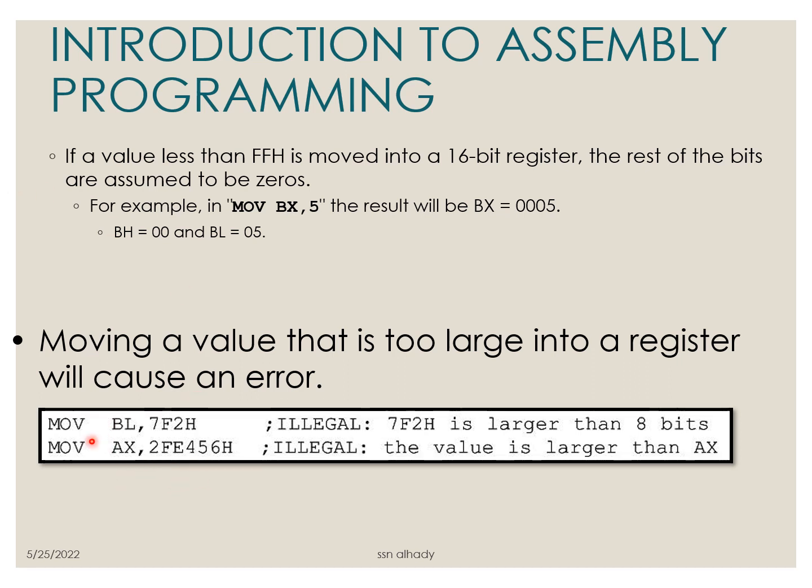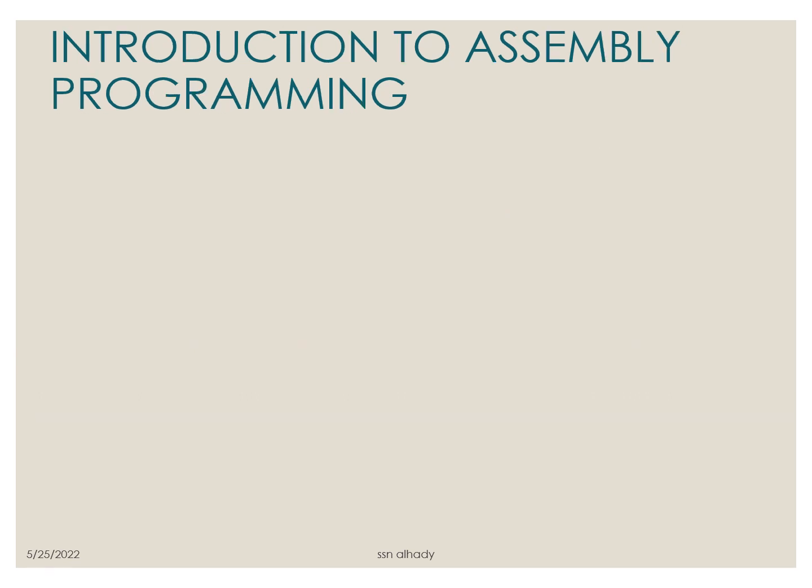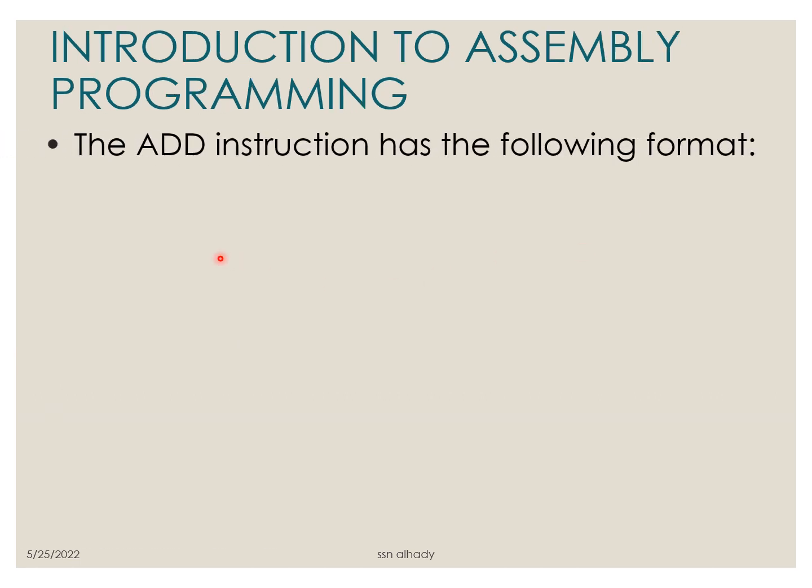If you look here, the first instruction should be 8 bits or less. The value is greater than 8 bits, while the second instruction is greater than 16 bits. So it's considered illegal. Okay, that is about the move instruction.